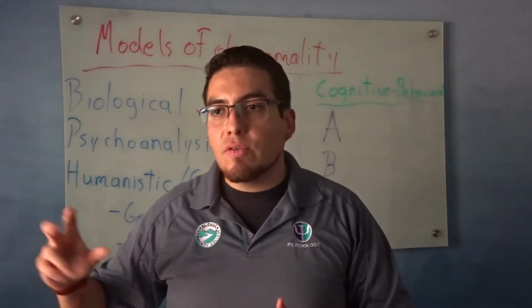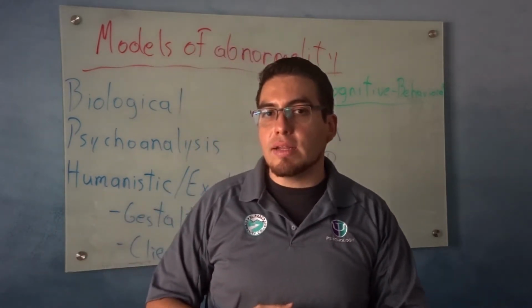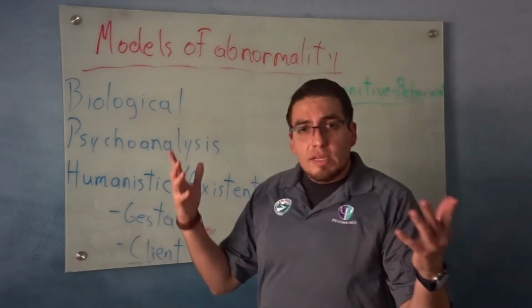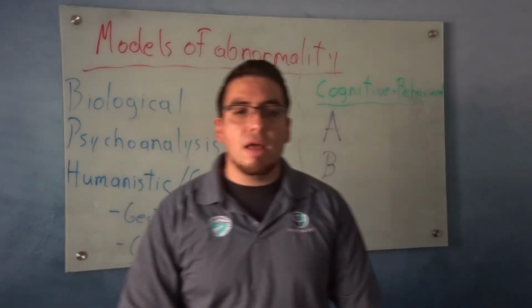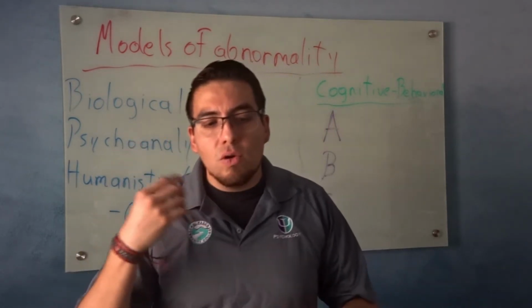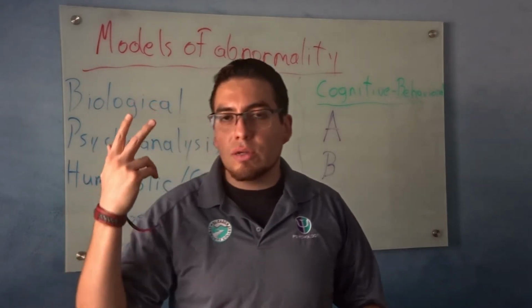Different theories can provide different explanations for how we can understand abnormality. So let's go to it. The first one is the most basic, biological. The biological model explains that abnormality comes from biological processes, and it brings us back to perhaps disrupted connections in our brain.